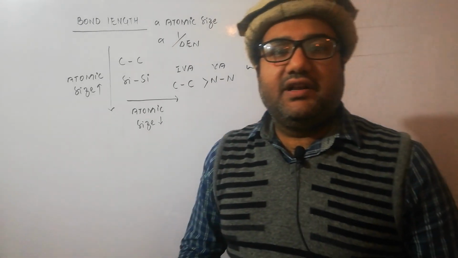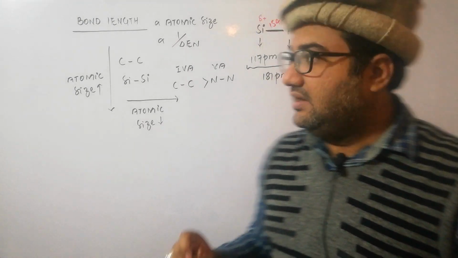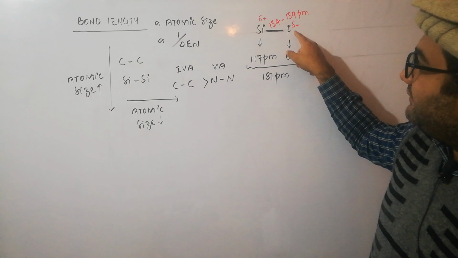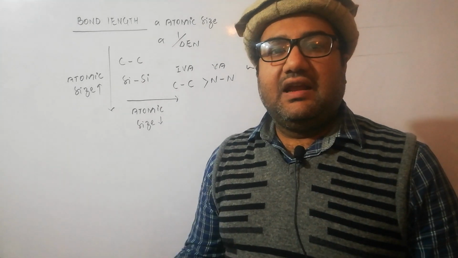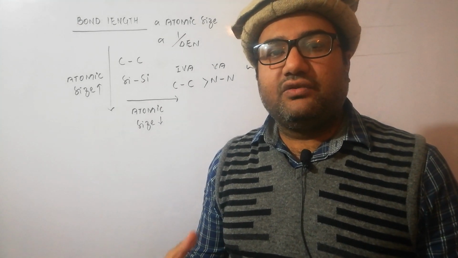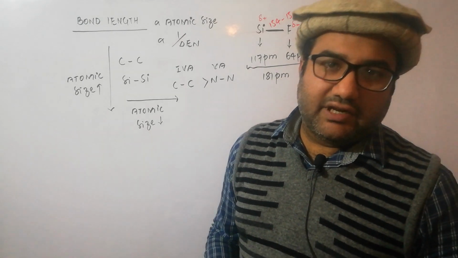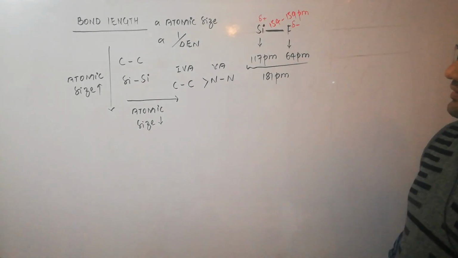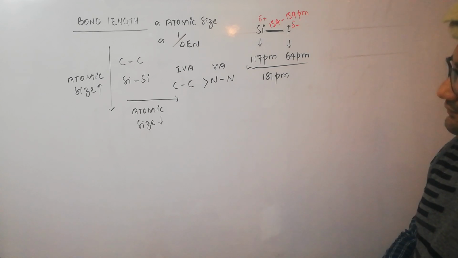And there are some additional electrostatic forces between two opposite poles. There will be additional attractive forces between these two opposite poles, and these additional attractive forces will make the bond shorter as compared to its calculated value. So this one was the second factor which affects the bond length.